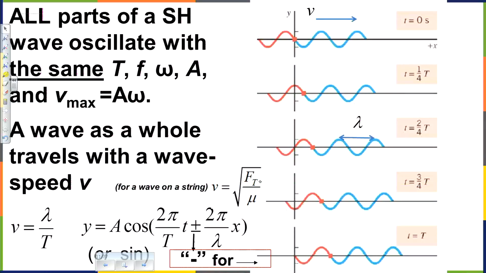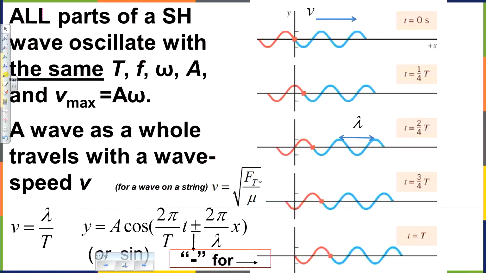So in that case, the wave number should change its sign. So here in this wave equation, the minus came from the pulse traveling to the right.